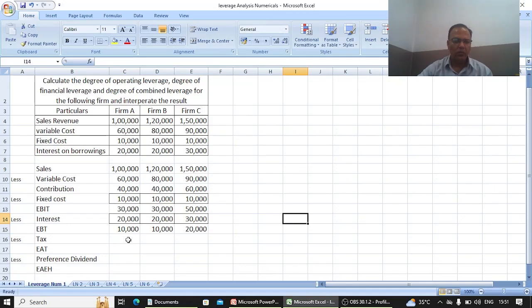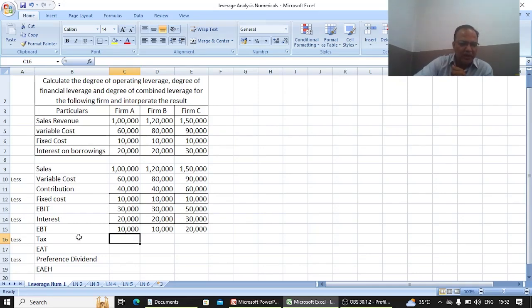Now calculate the amount of tax. Here tax is not given, and because tax is not given, we are not calculating tax.